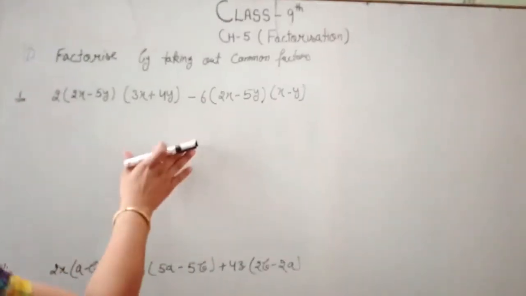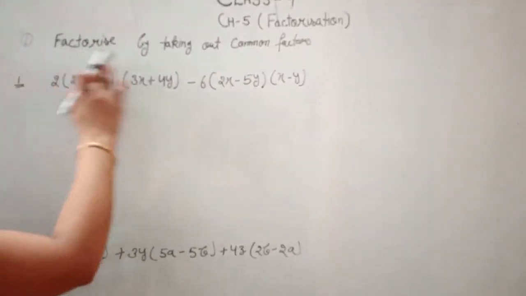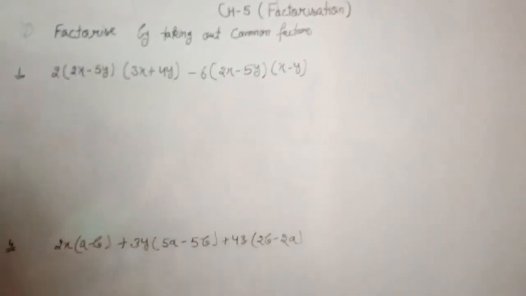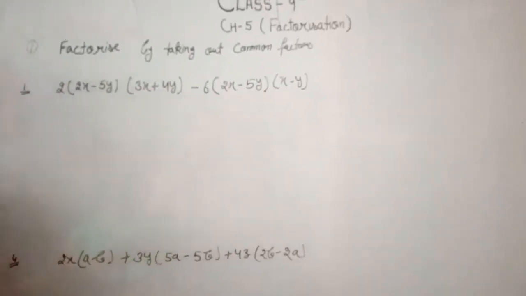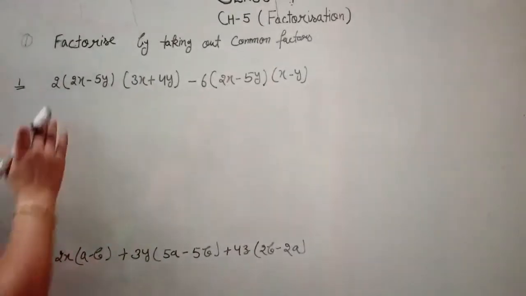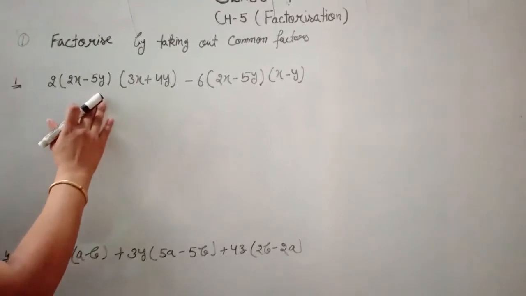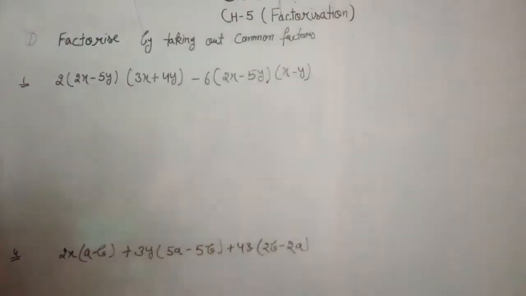Now we take some questions from exercise 5A. Question number one: factorize by taking out common factor. Students, the first question is 2 into (2x minus 5y) into (3x plus 4y) minus 6 into (2x minus 5y) into (x minus y).